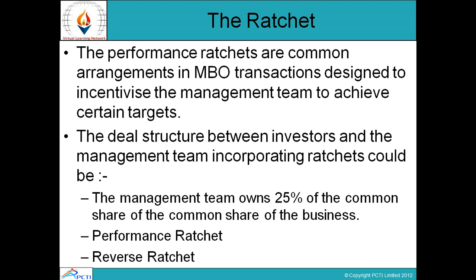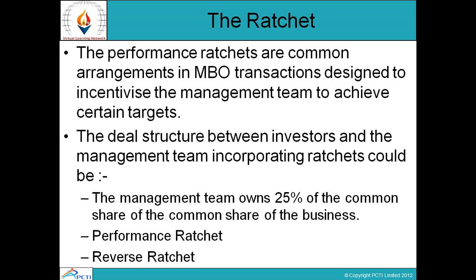Putting this all together, an illustrative deal structure between the investors and the management team incorporating ratchets could be: first, the management buyout. Here the management team owns 25% of the common shares of the business. The second is the performance ratchet.